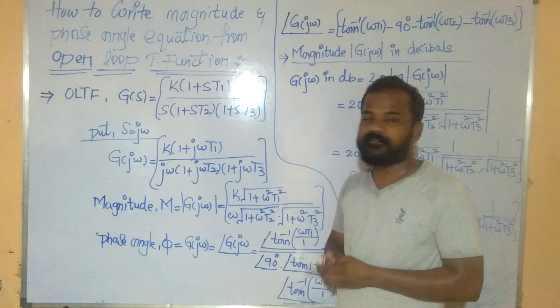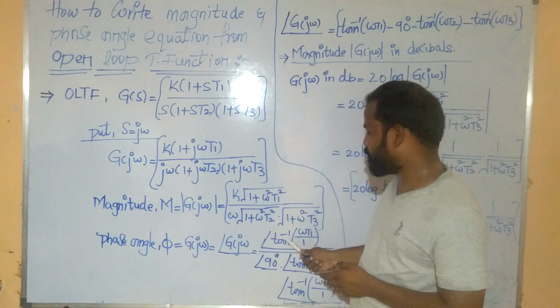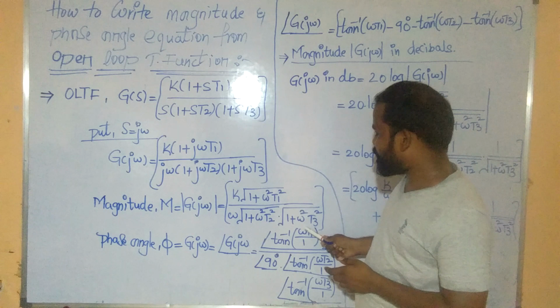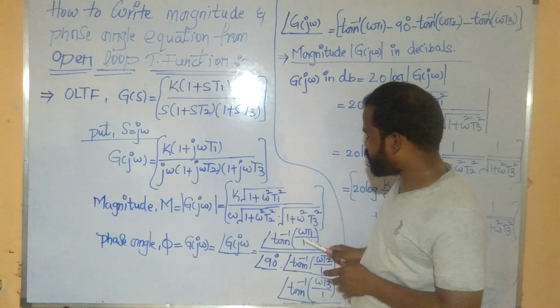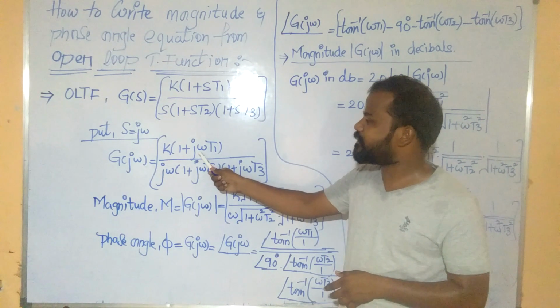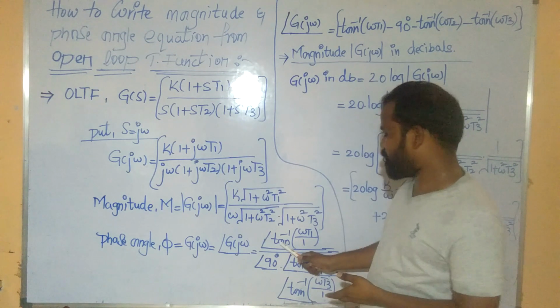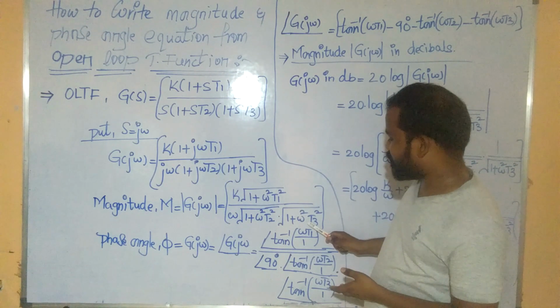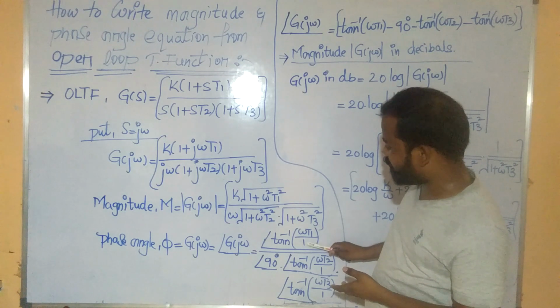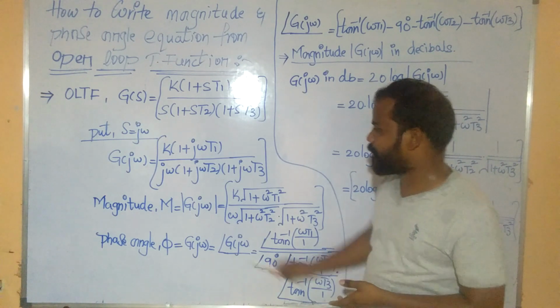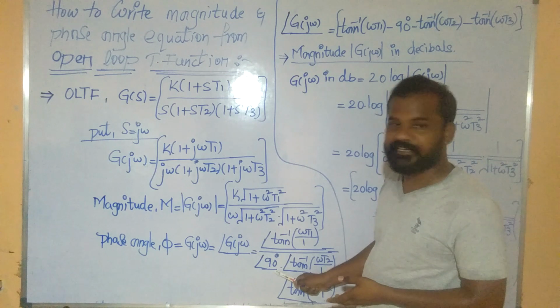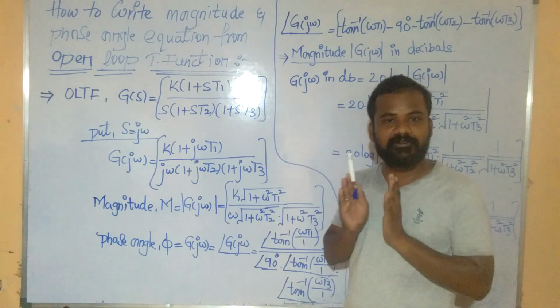Then how to find the phase angle for this term? We can directly find the tan inverse of imaginary by real. Here imaginary is omega t1 and real is 1. So the angle is tan inverse of omega t1 divided by 1, divided by j, how much? 90 degrees directly. I am talking about only phase angles.